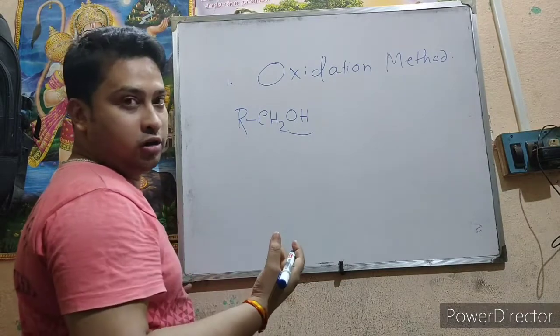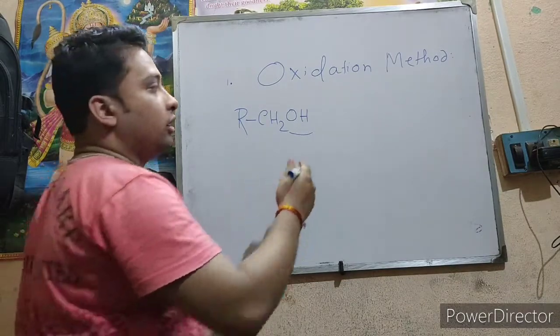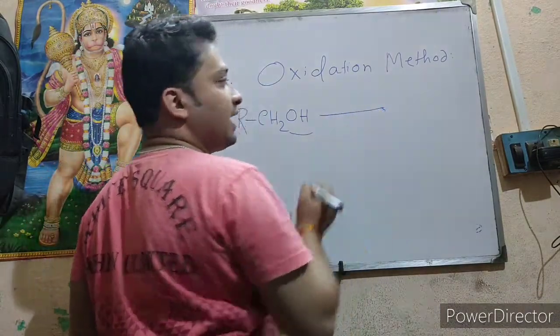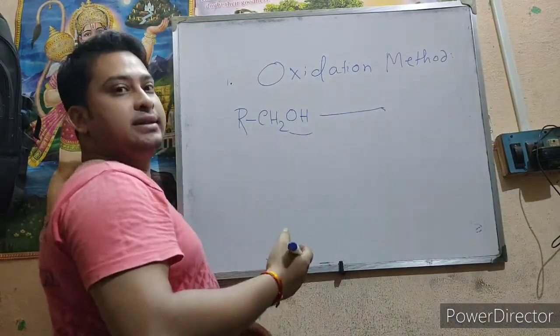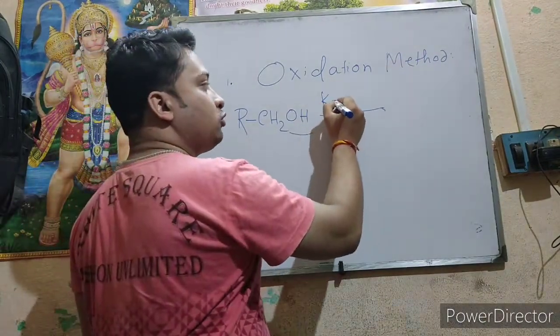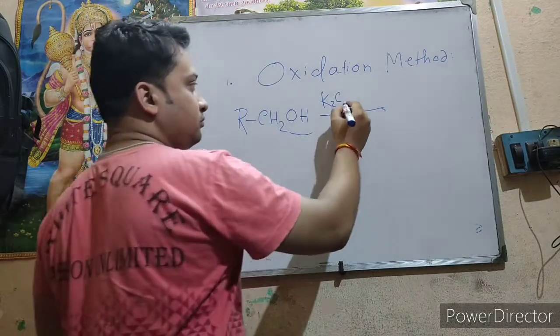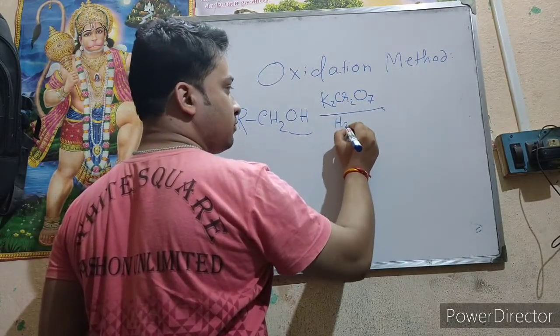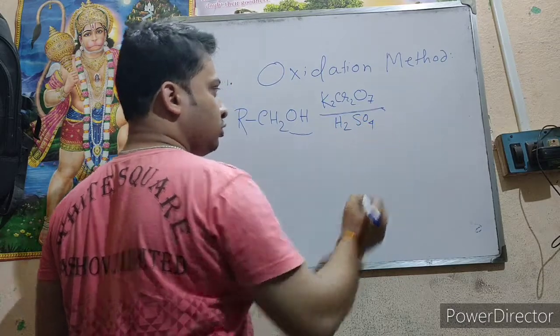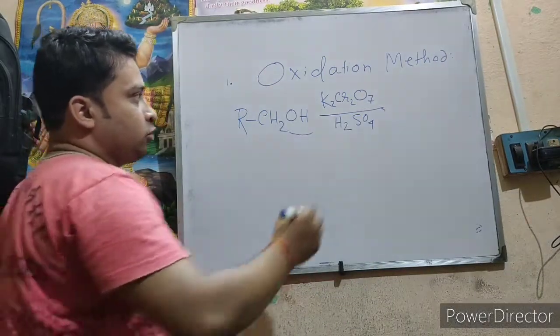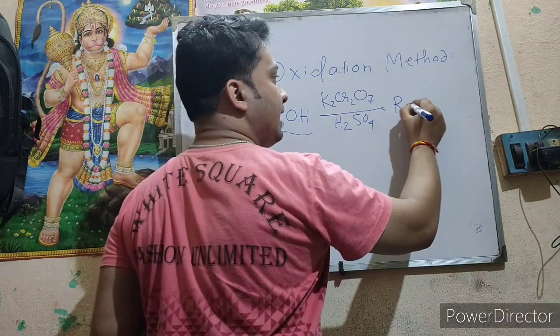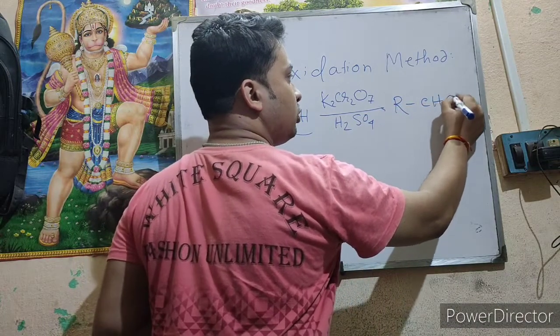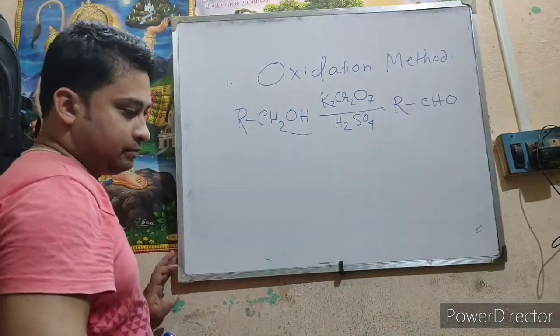This is alcohol. So you have alcohol and you want to oxidize it with the oxidizing reagent K2Cr2O7 and H2SO4. What will you get? You get RCHO, that is aldehyde.